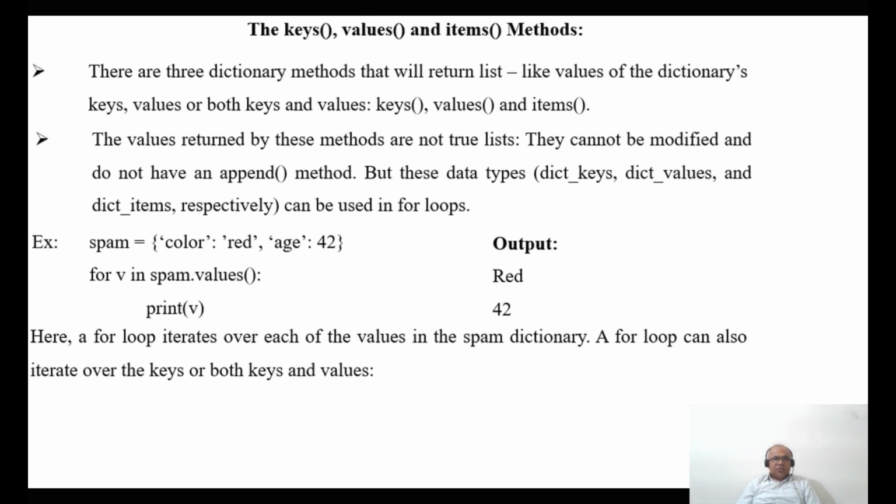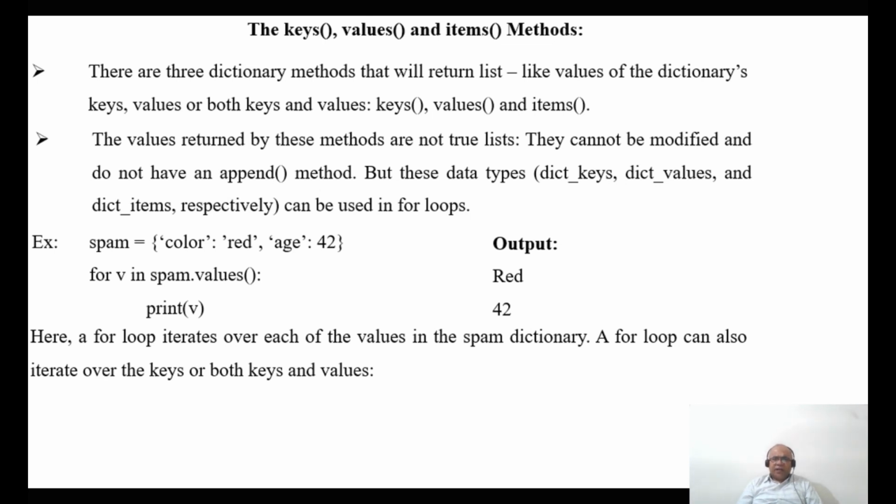A for loop can also iterate over the keys or both keys and values. So if I want to access the data of the entire dictionary, I can go for this. Imagine you have 10 values in a dictionary. How do you access all those 10 values simultaneously? If the values are big, you can iterate by using the for loop.